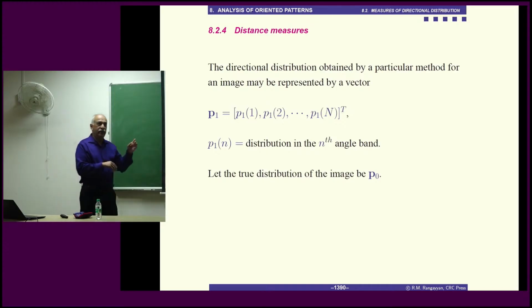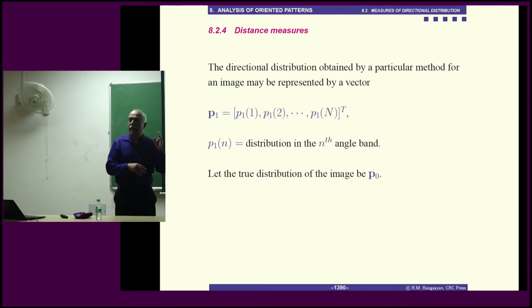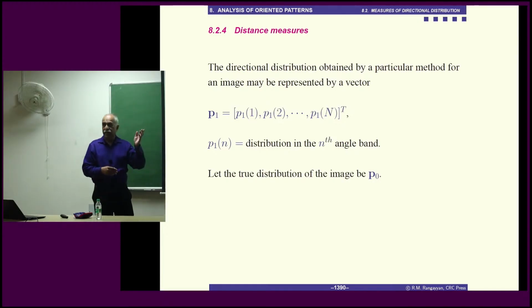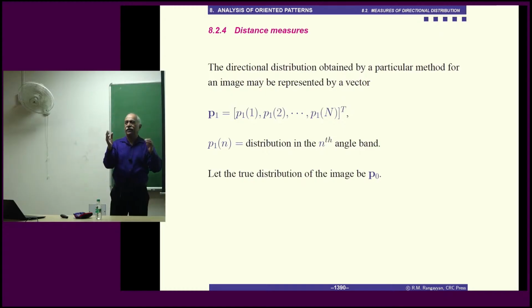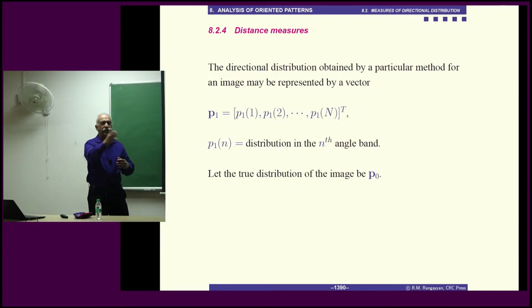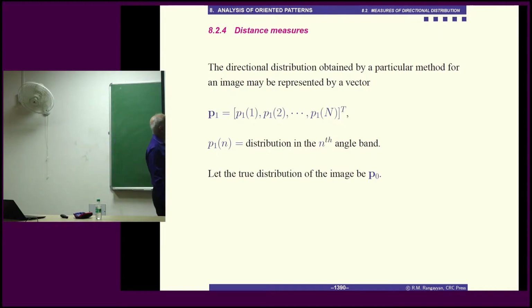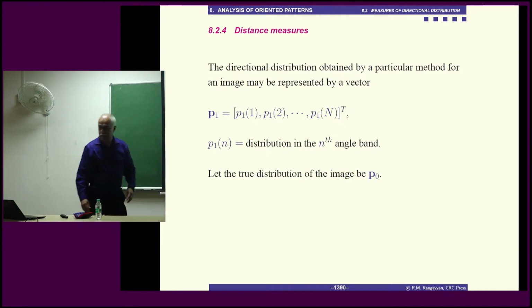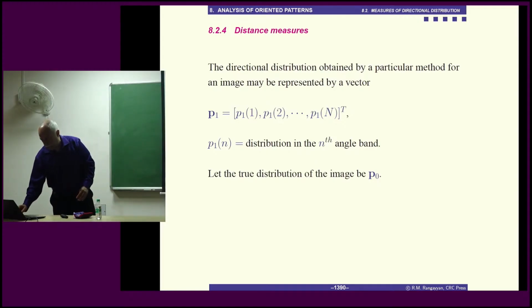So you may treat the rose diagram, or the angular distribution of whatever it is you're measuring, get the moments, treating it as a PDF, but you can also treat it simply as a vector. I computed 18 values with angle band of 10 degrees, 0 to 180. I computed the energy or something. So I have a vector with that dimension for this image and that image and so on.